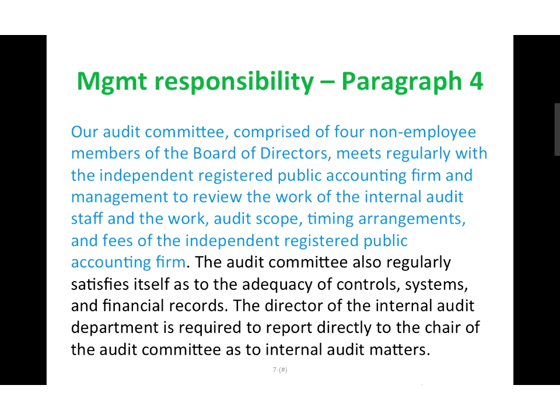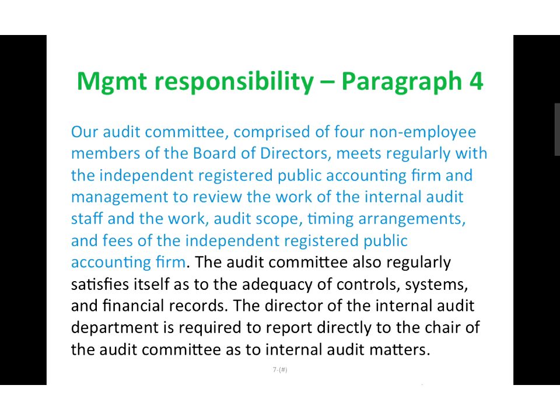So this committee on Smuckers' board of directors, these are non-employees. These are board of directors that come in from outside, and these 4 board of directors for Smuckers, they meet with the external auditors and the internal auditors and management to make sure things are going according to plan.